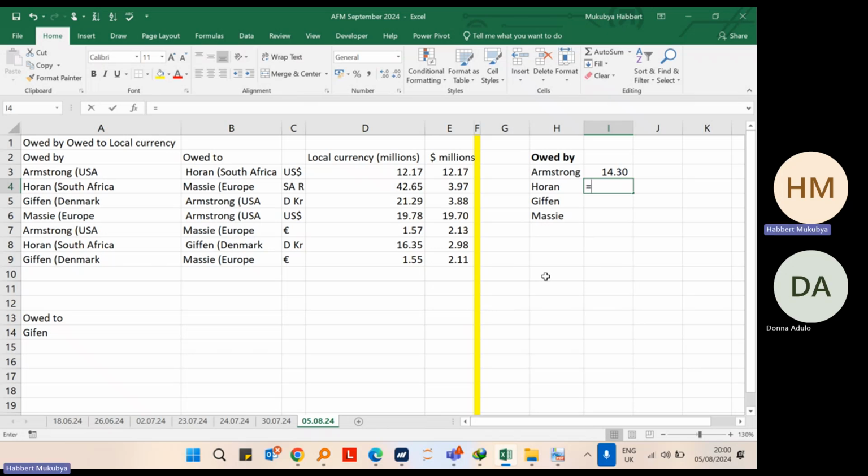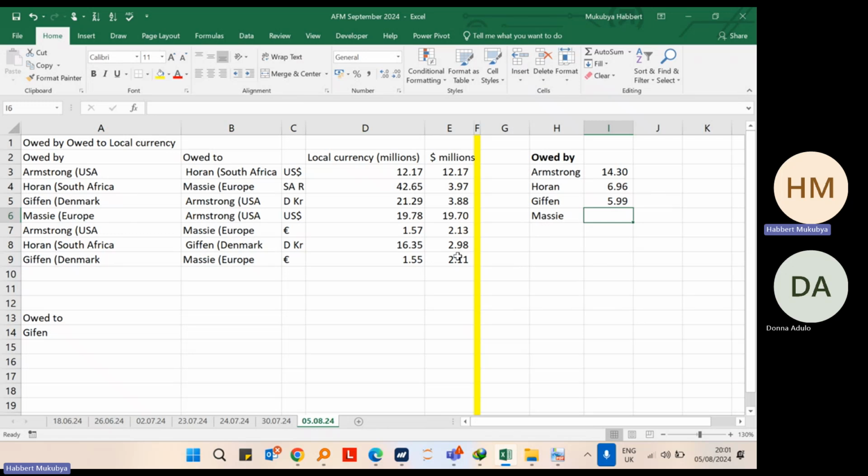Then Horan is owing 3.9 here, and it shows up again here, 2.9, that is 6.96. Then Giffen shows up here and also here.